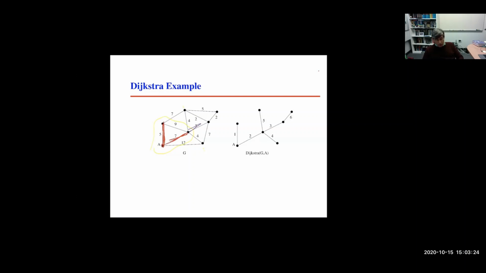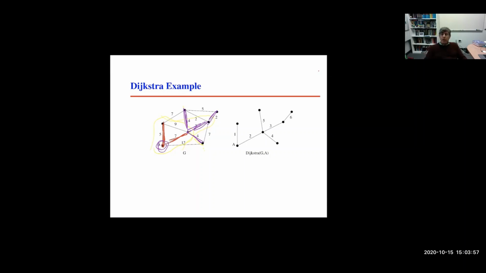I am now going to grow my tree out here and my fringe, my window of things that I consider next. I am slowly going to build, one step at a time, a tree of discovery or inclusion into the shortest path tree. And I am going to find the nearest neighbor, the shortest path from my vertex A to every other node in the tree.